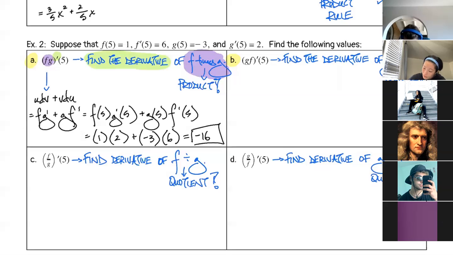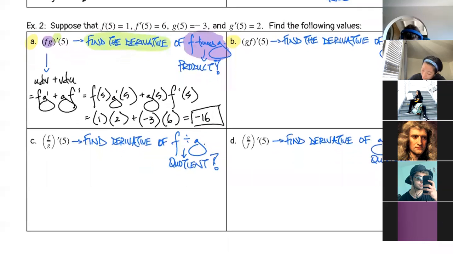So I'm going to write out the quotient rule here. Okay. Low D high minus high D low over low low. Which function is our low?